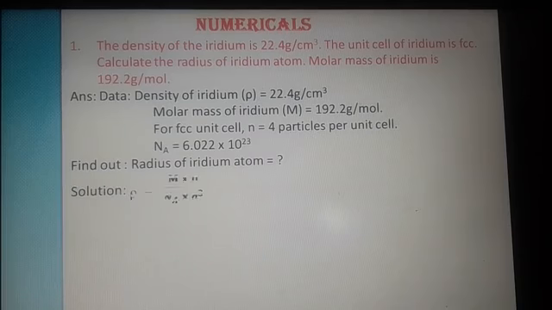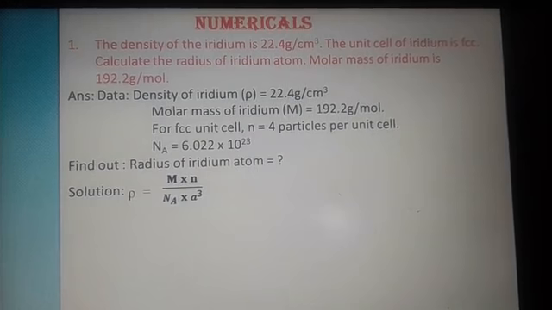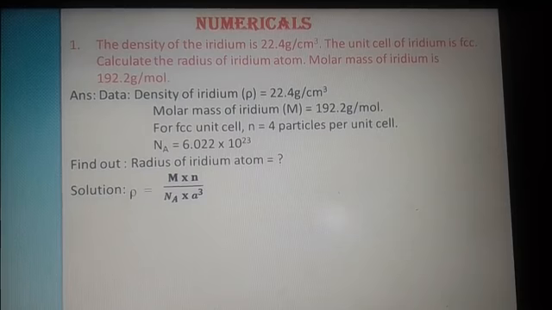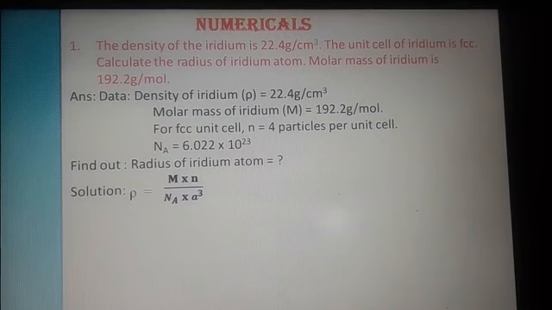Now for this we are using the simple formula: density is equal to M into N divided by Avogadro number into A cube. Now in this formula we know the molar mass of substance, we know the value of N, Na that is Avogadro number is constant, and we know the value of density. That's why we will rearrange this formula.